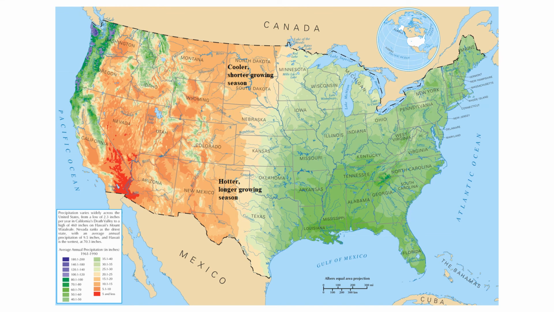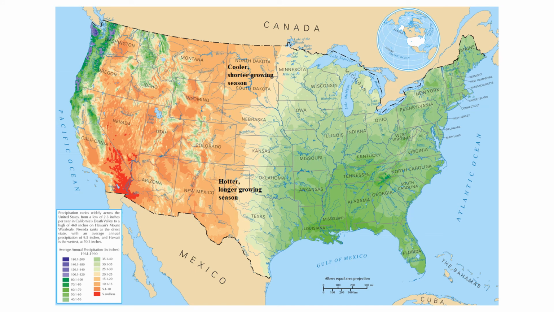Now the dark red over there, that is where the Mojave Desert, Death Valley, and so forth. They get 5 inches or less of rain per year. And then the blue up in the northwest there around Seattle, they get 80 to 120 inches of rain per year.